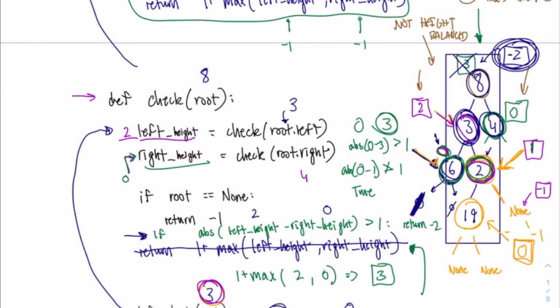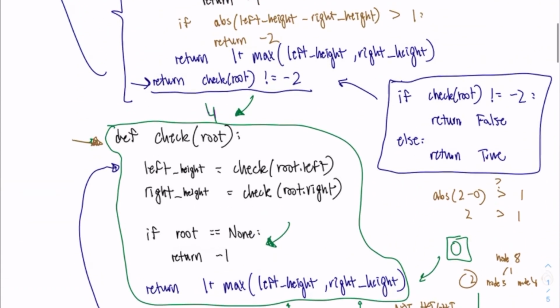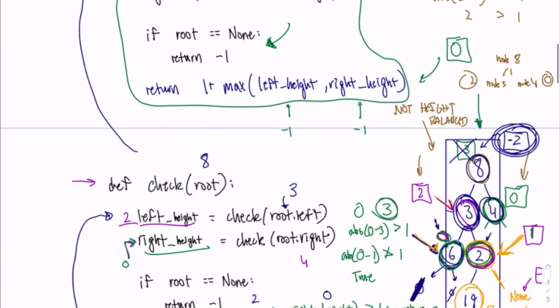So say 6 and 2 are -2, then yeah, we return -2 for this statement, but that -2 doesn't get transferred all the way up to the root. And we need some way to show that if two child nodes are imbalanced in any part of the binary tree and not just in the direct children of the root node, the whole thing is false.